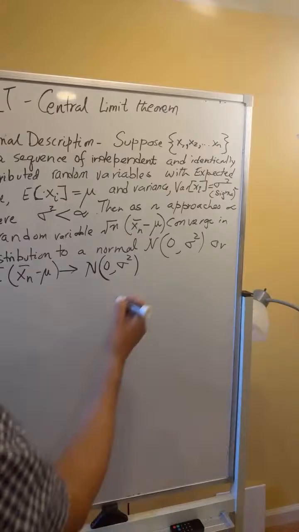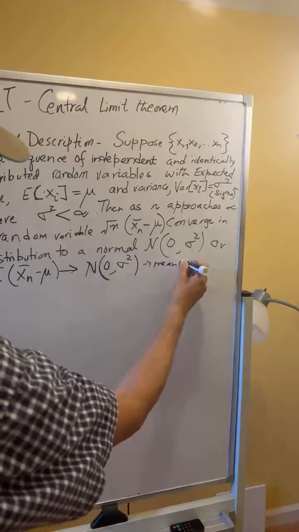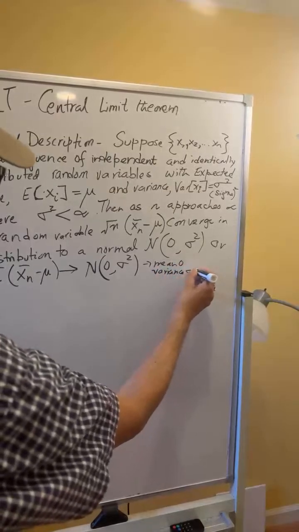Okay, so your mean is 0 and variance is sigma square.